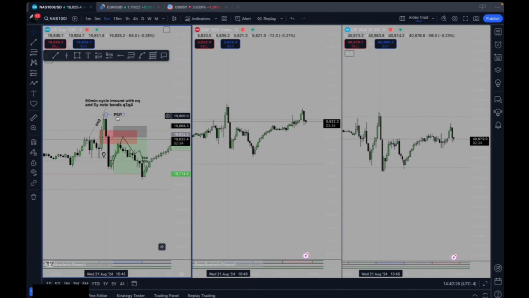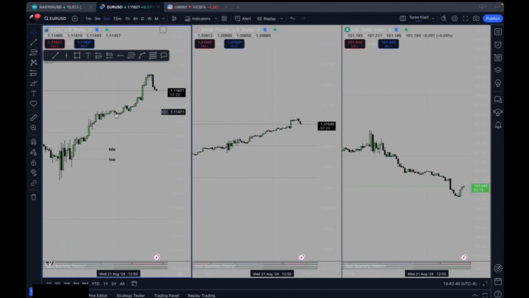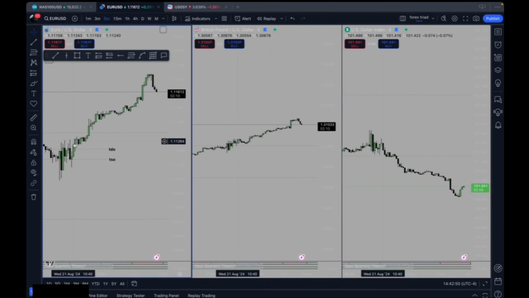Then I was looking for a precision swing point to confirm this SMT, and I found it. The candle that created the precision swing point was 10:45 a.m. and I went into the Forex triad, and on Euro there was a candle on, you can see the time below, 10:45 a.m. and it was an up close candle, as you can see.